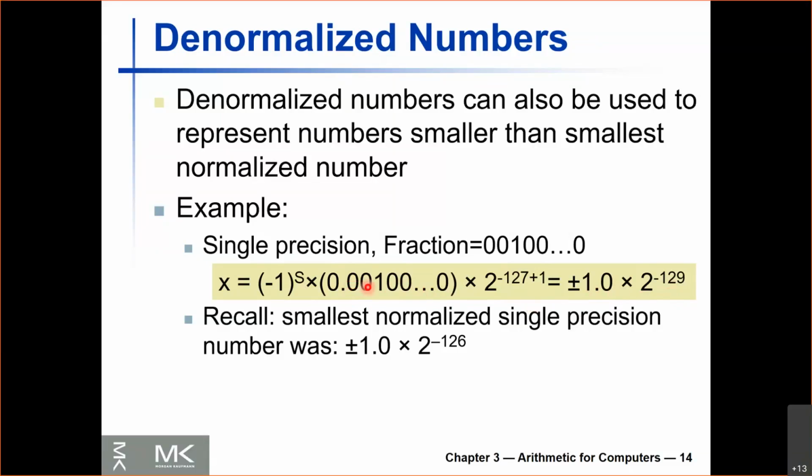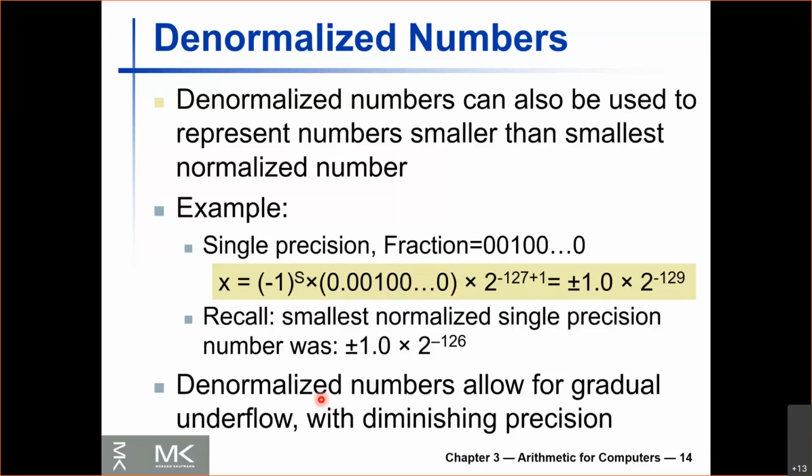These 2 fraction bits are not going to be used. Instead we only have the bits to the right that we can use to represent something meaningful. So the nice thing about denormalized numbers is that we can have smaller and smaller numbers compared to normalized numbers, but the trade-off is that we get diminishing precision.